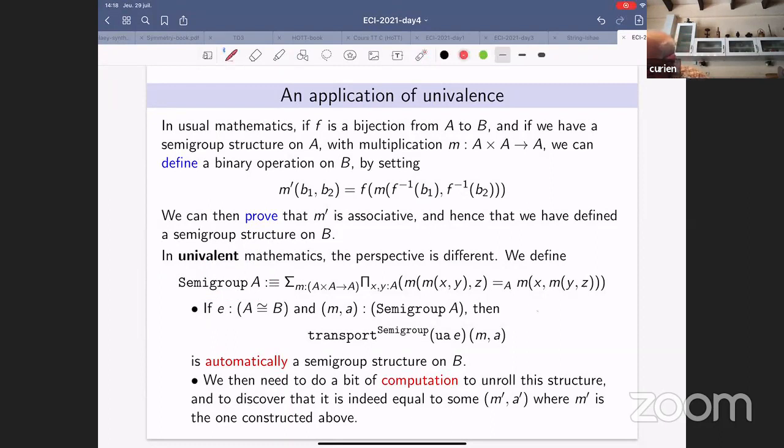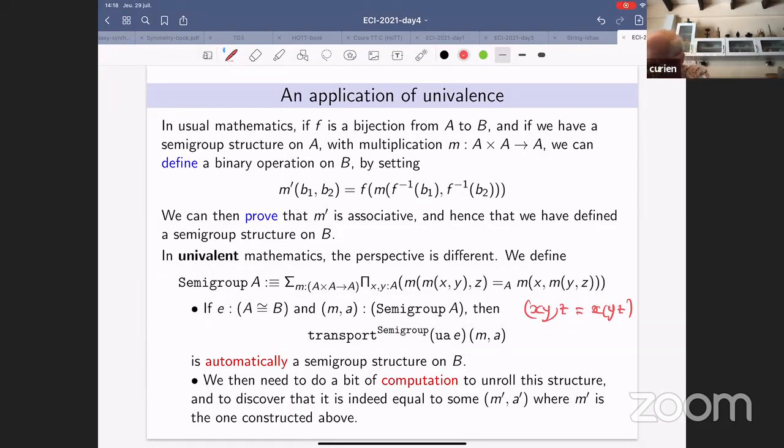Maybe it's easier to follow if I write it in this way. Everybody will recognize associativity. So this is a type describing the fact that I endowed A with the structure of the semigroup.